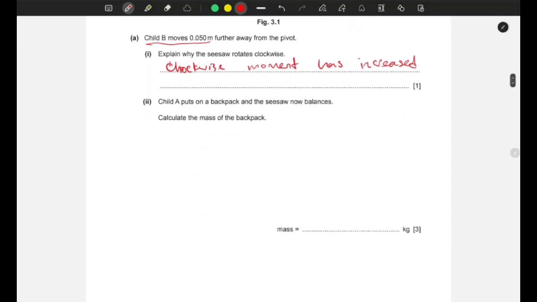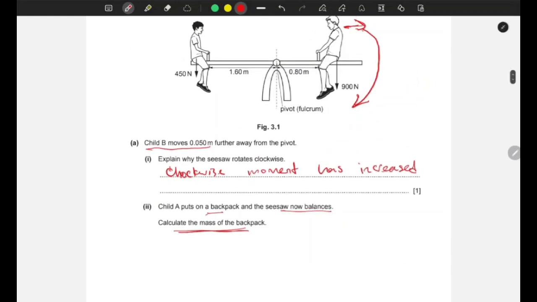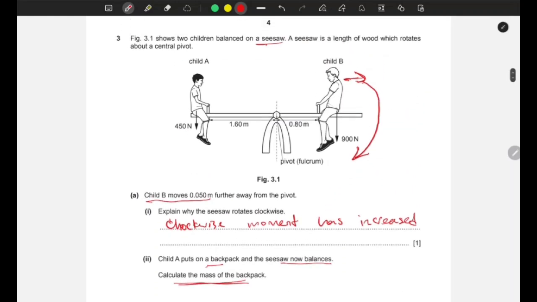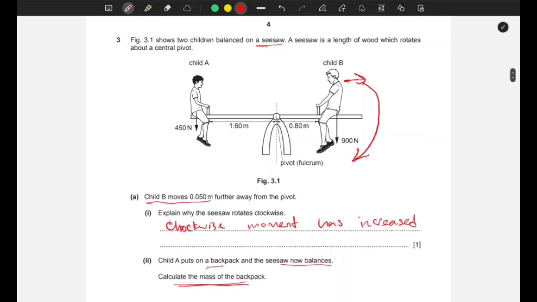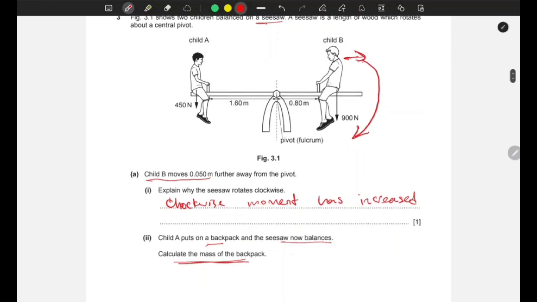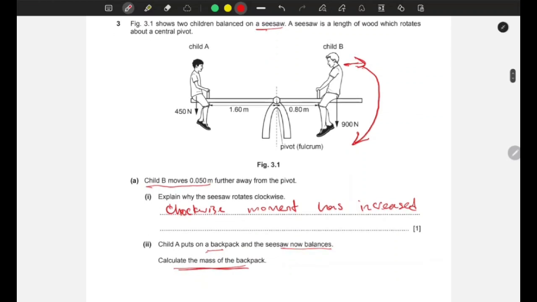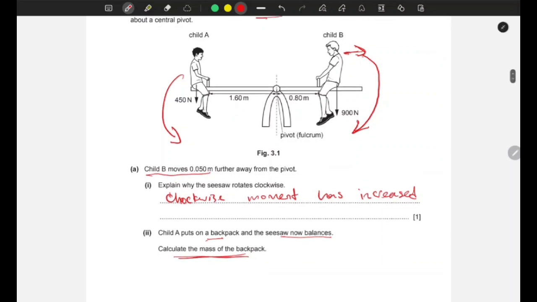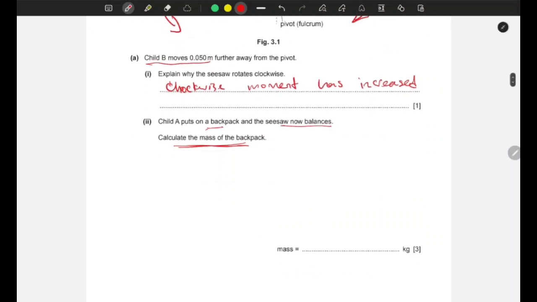Part 2. Child A puts on a backpack and the seesaw is now balanced. Calculate the mass of the backpack. What they're testing is the conservation of moment. What that states is that the anticlockwise moment, the moment of child A, equals the moment of child B. Moment is force times distance.